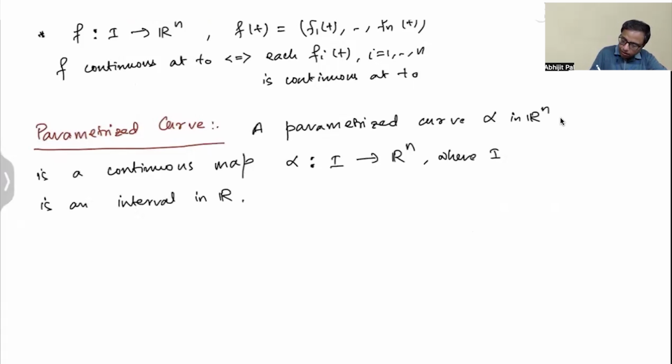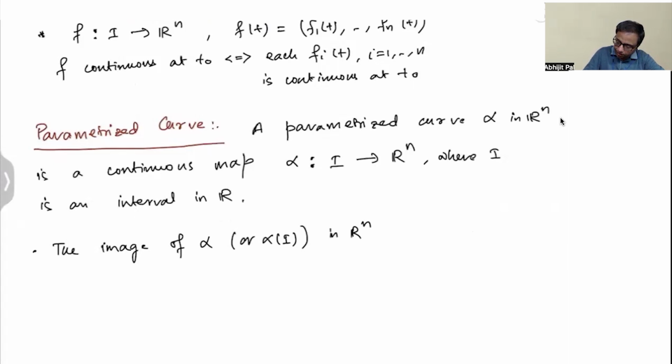Okay. The image of alpha, or let us take alpha(I), which is in fact the image of alpha in Rn, is called the trace of alpha.